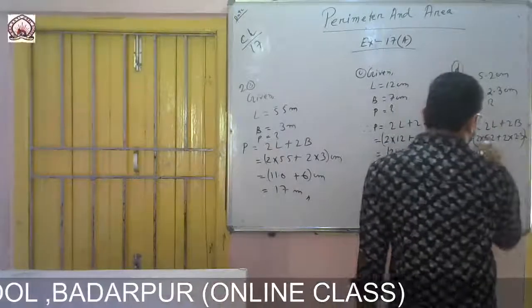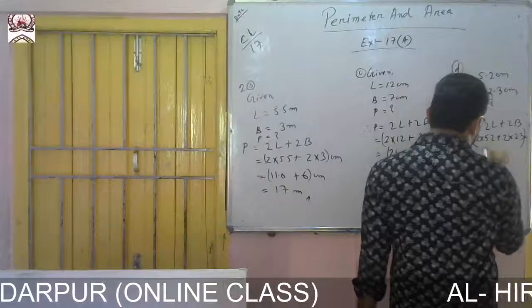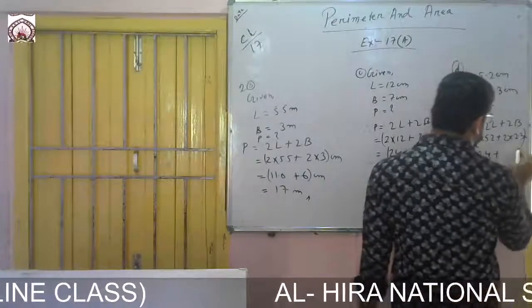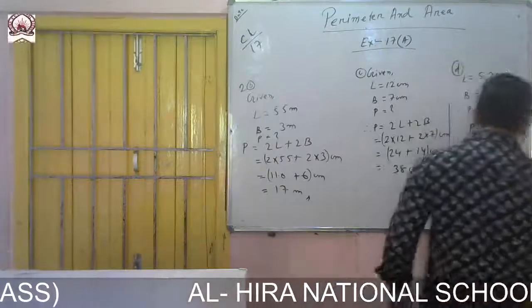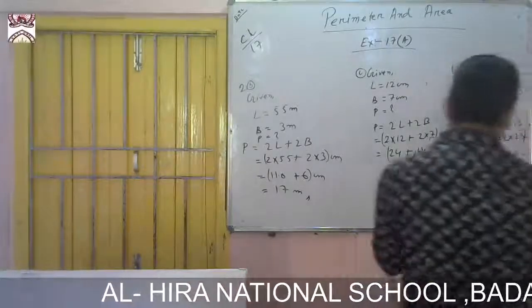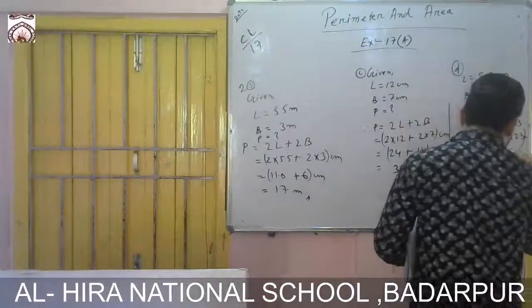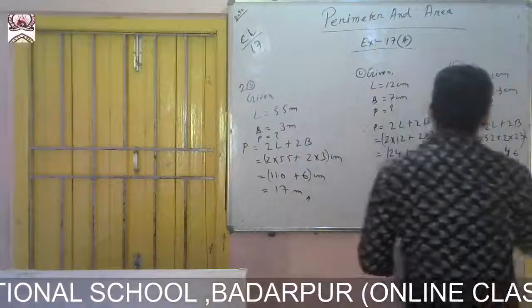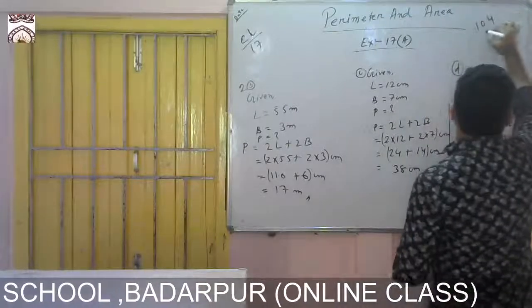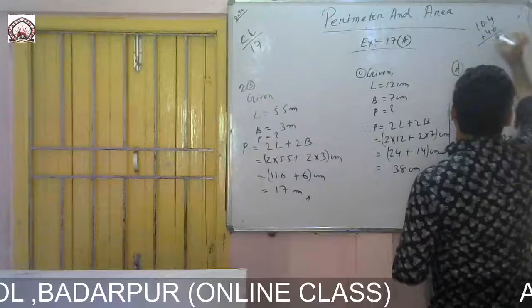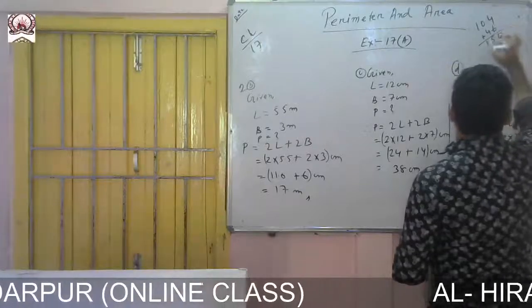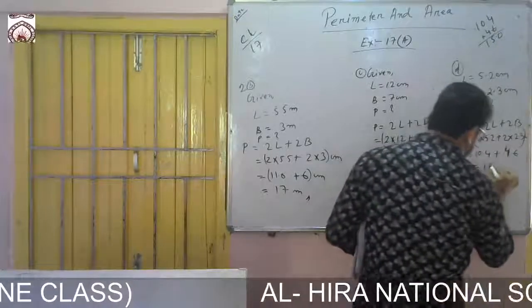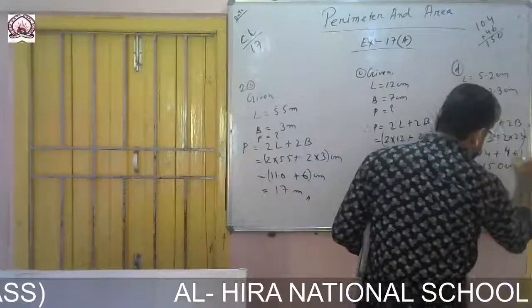So 5 twos are 10, 2 twos are 4, so 10.4, plus 3 twos are 6, 2 twos are 4, 4.6. So 10.4 and 4.6 added, it is 15.0, which means 15. 15 centimeter.